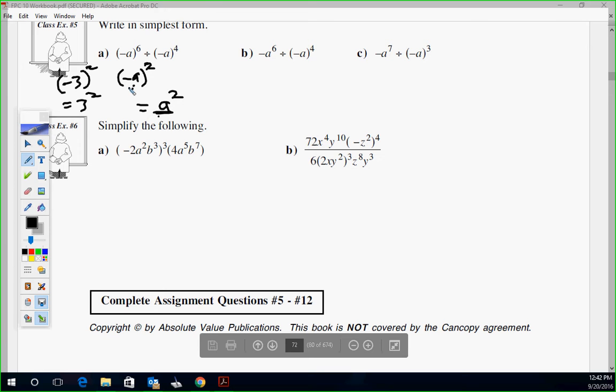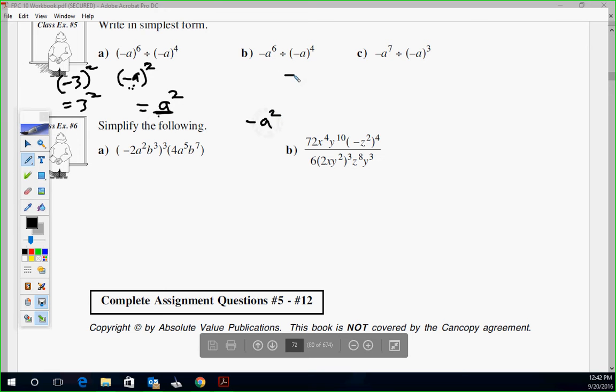Okay, cool. All right, so now what are you going to do on B here? What do you think, Isla? Okay, that is correct. And how did you get that?